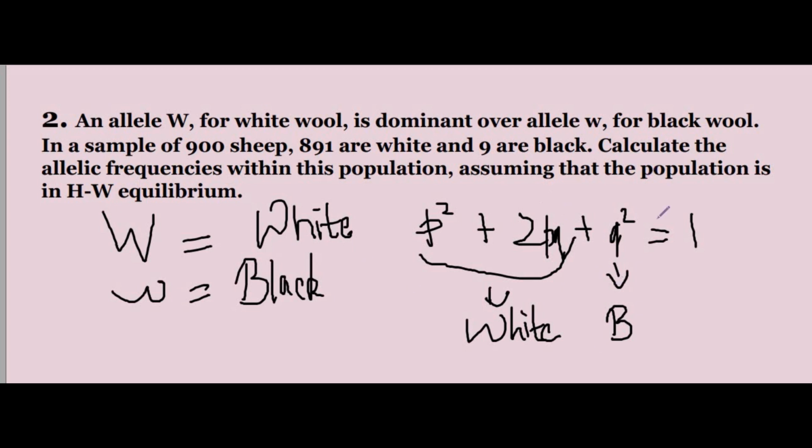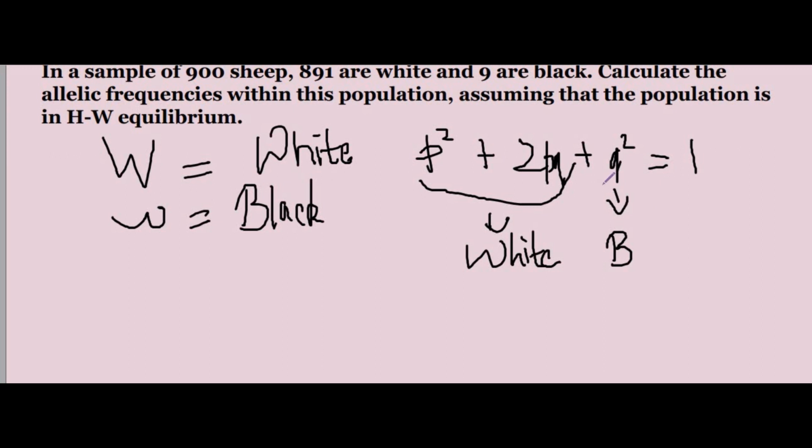In this type of case, we need to start from the recessive allele. So we have to find the frequency of Q square.